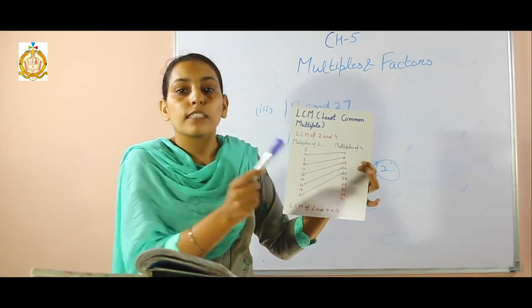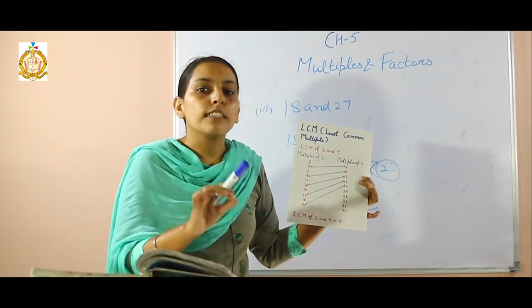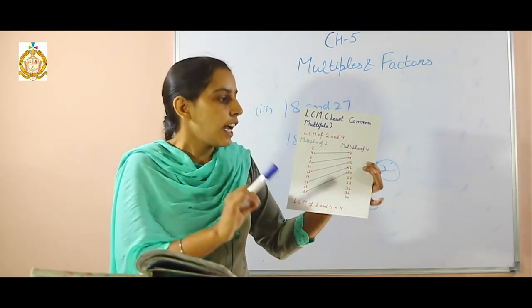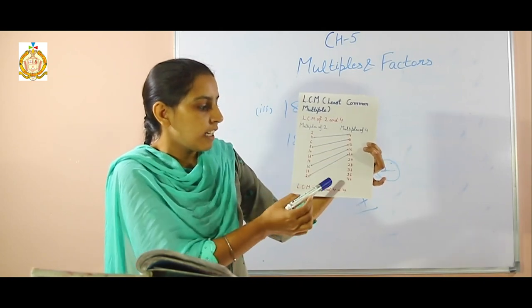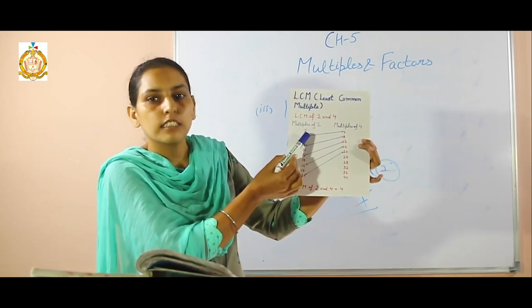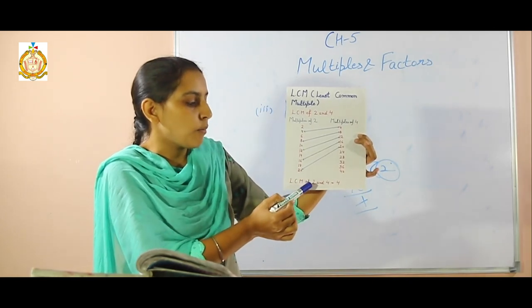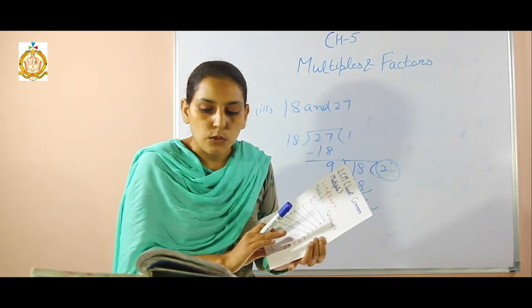Least common multiple: in the HCF we found the highest, and here we have to find the least. The least one is 4. That means the LCM of 2 and 4 is 4.